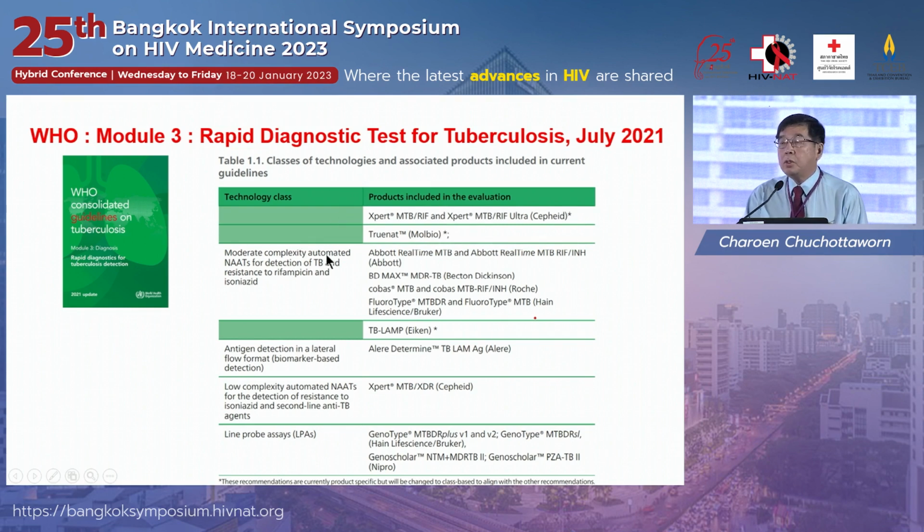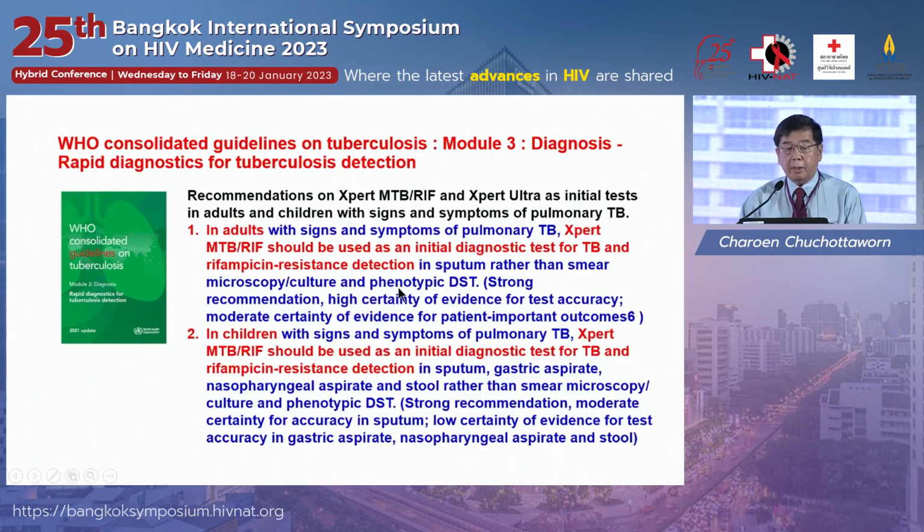At the same time, the WHO recommends other tests, but some of the tests need more complex automated machines and more expensive machines to diagnose TB and also drug-resistant TB. But the guidelines say that we can substitute the smear in the way that we use in every country with the molecular test to diagnose TB and also detect rifampicin resistance.